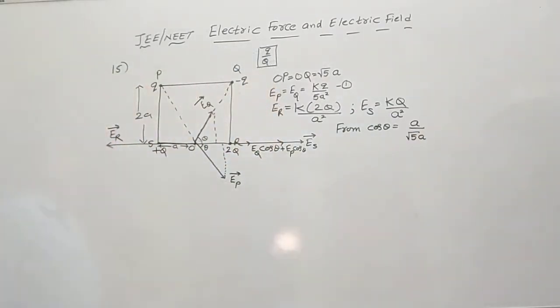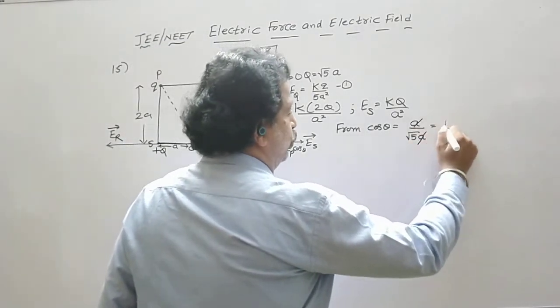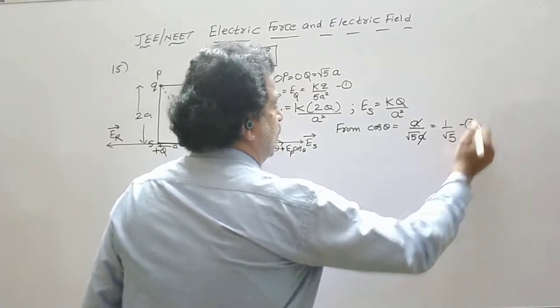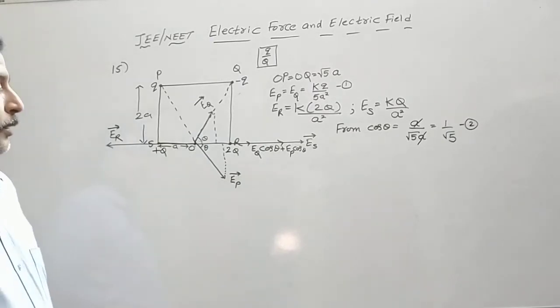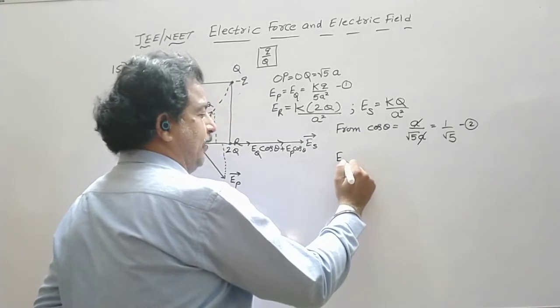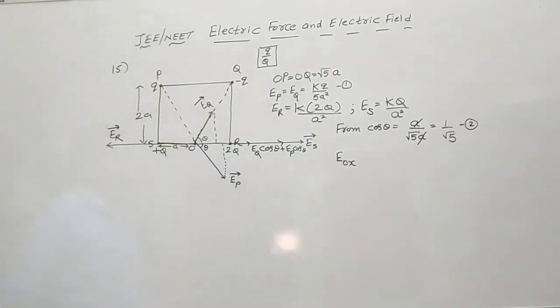So we cancel this, and it comes out to be 1 by root 5. Let us name this as equation number 2. Now the resultant field, that is the x component of the resultant field, let us name this as E naught x.